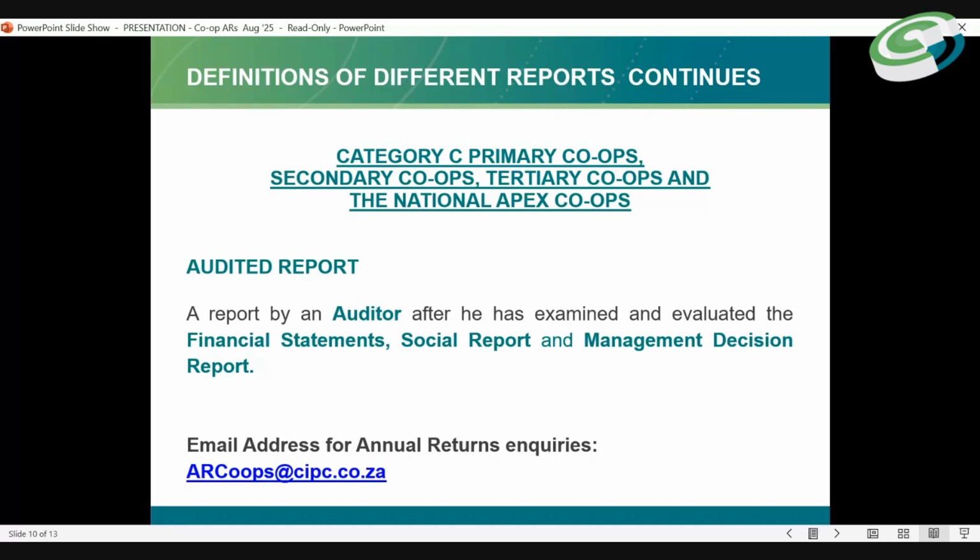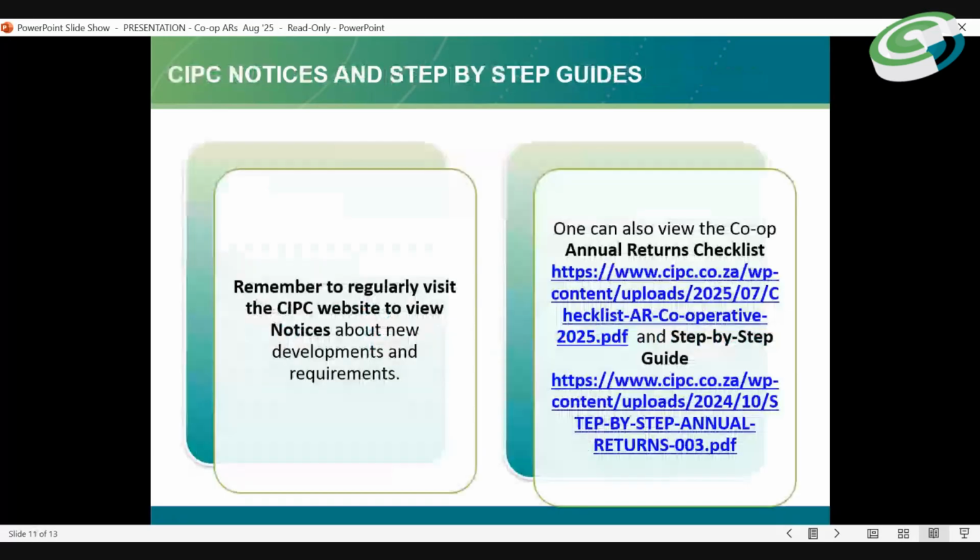And if you've got any queries, especially when it comes to annual returns, this is the email address that you can forward your queries to. The email address is arcoops@cipc.co.za. And we would also encourage you from time to time to visit our CIPC website for any developments or any notices that you need to be aware of or familiarize yourself with.